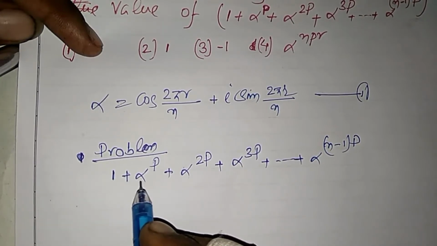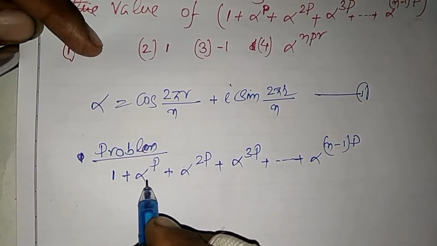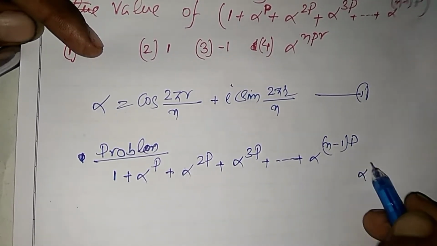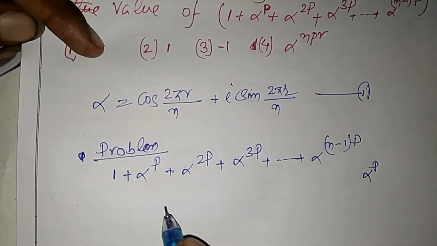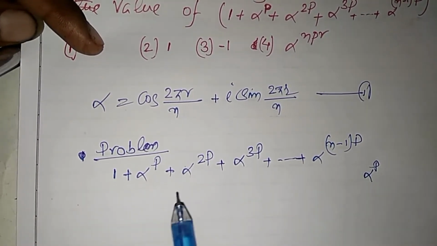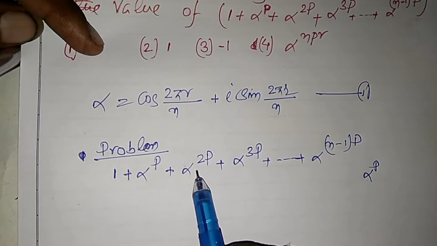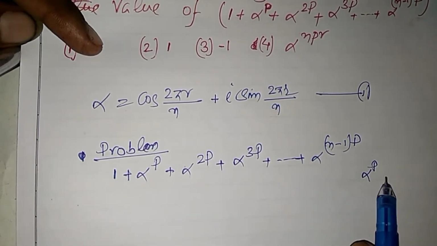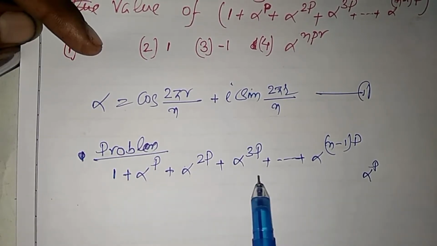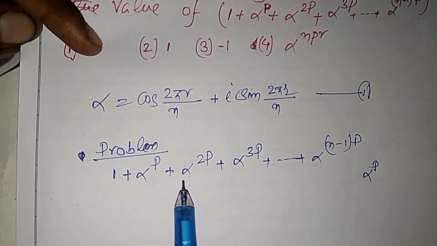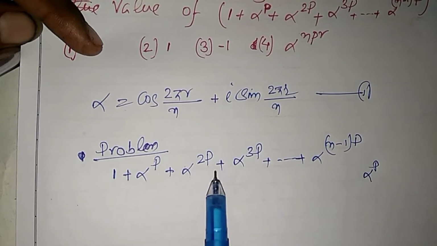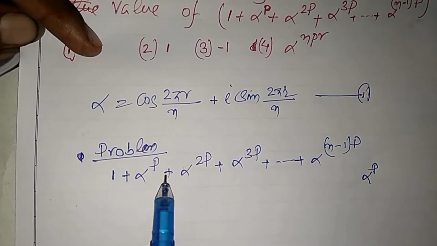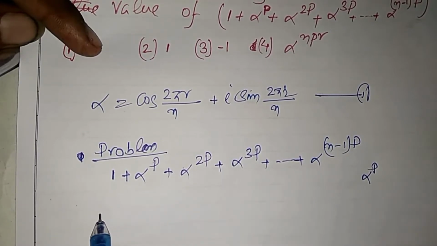If we divide the second element by the first element, we find alpha to the power p. Again, if we divide the third element by the second element, again we find alpha to the power p. So this series is a GP, so I will calculate it by the GP formula.